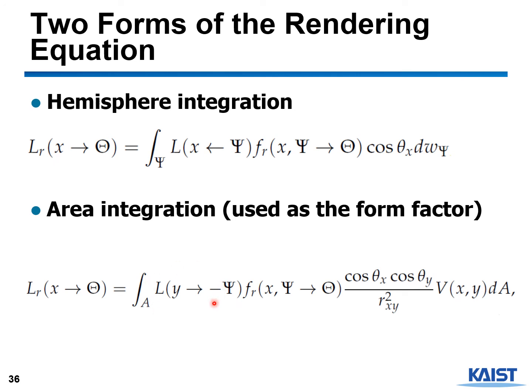This is the radiance value from y in the direction with the BRDF, and then there are two terms of cosine theta x, cosine theta y divided by r squared, which is the distance between x and y. Also, we need to consider the visibility of each point in the area A from x. That's why we introduced the visibility function V. And then this is integrated over this differential area.